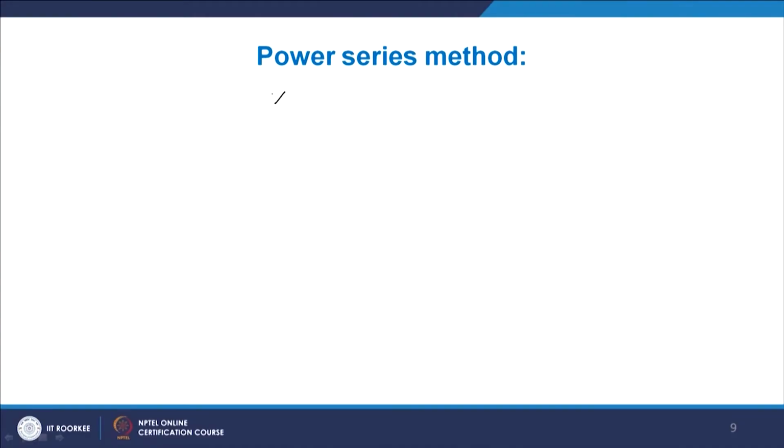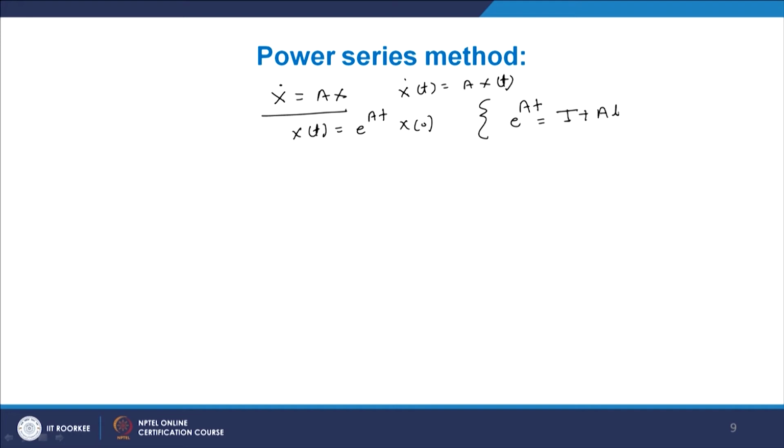Here we start with x dot equal to A x, or we can write x dot of t equal to A into x of t, and here the state equation x of t equals e raised to a t into x naught, and here e raised to a t is equal to I plus A into t plus A square into t square by factorial 2 plus A cube t cube by factorial 3, and this process continues.